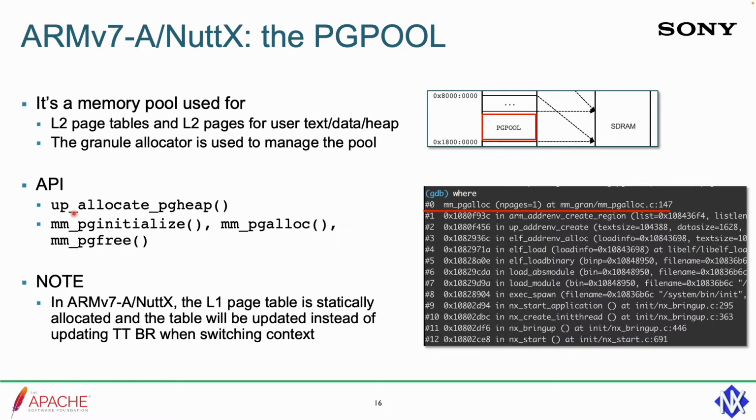For example, when loading an ELF file, mm_pgalloc is called to allocate pages for text, data and heap. Here, please note that on ARMv7-A NuttX, the L1 page table is statically allocated, and the table will be updated instead of updating TTBR when switching context.